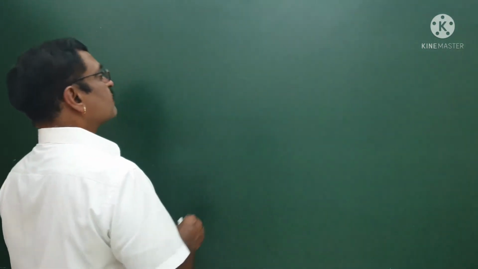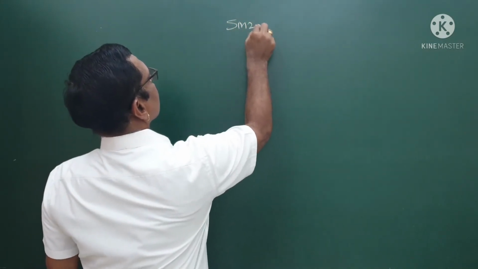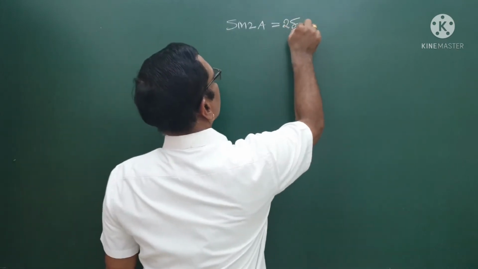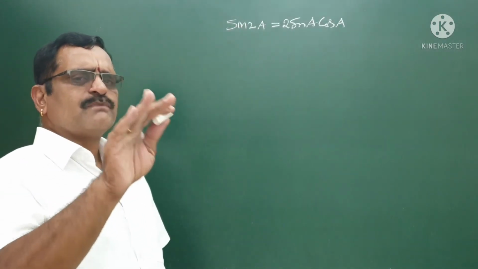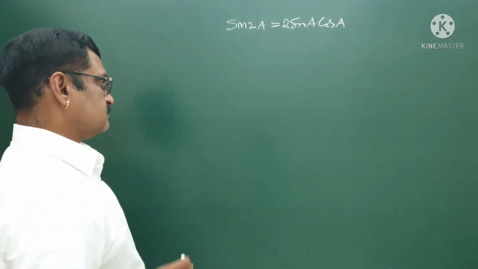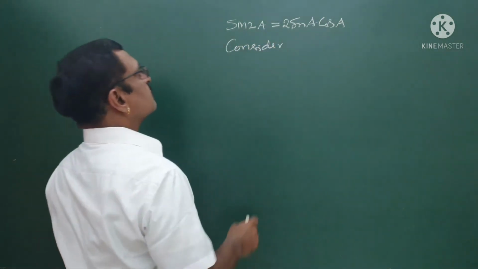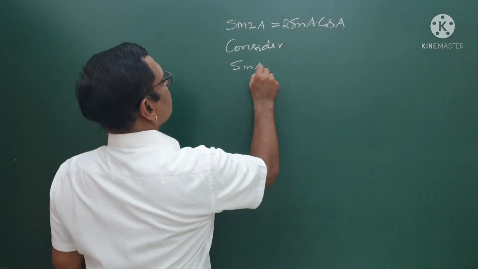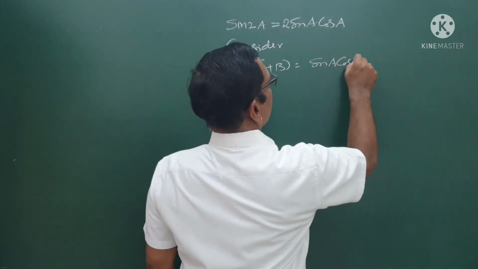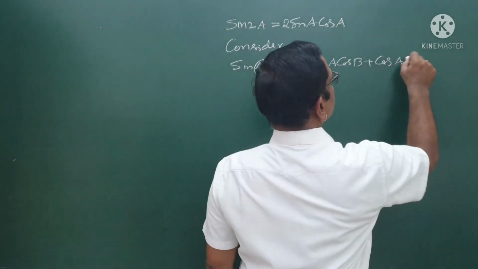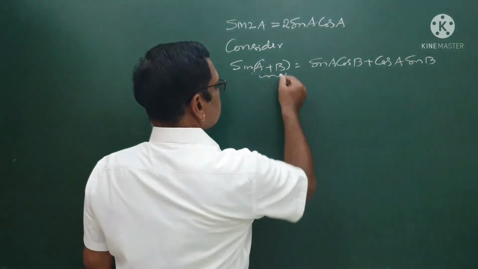Let me prove them. So sin 2A is equal to 2 sin A cos A. I am going to give you a very simple proof in one line. Consider sin of A plus B. Already you know what is the formula for this, that is sin A cos B plus cos A sin B. Now here I want 2A.